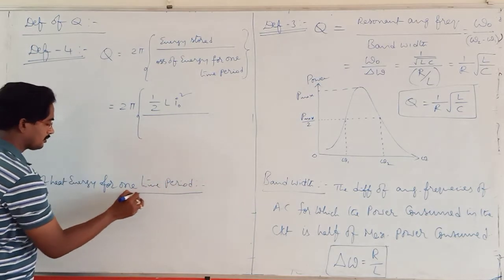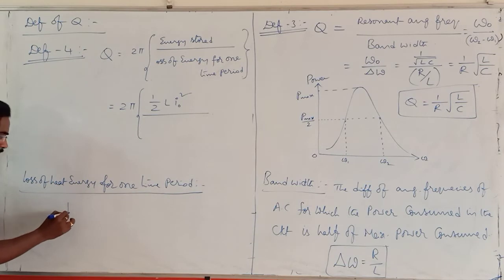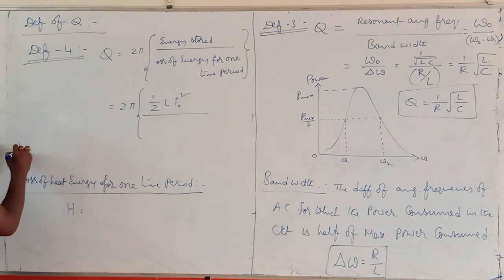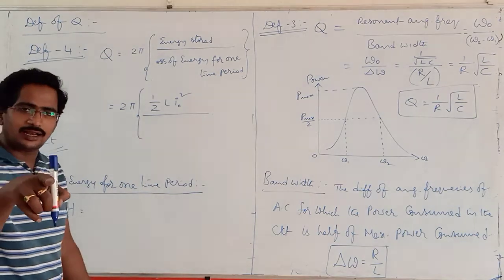How can we write it? Heat energy produced equals the formula for heat energy, I square RT. Already we know well.